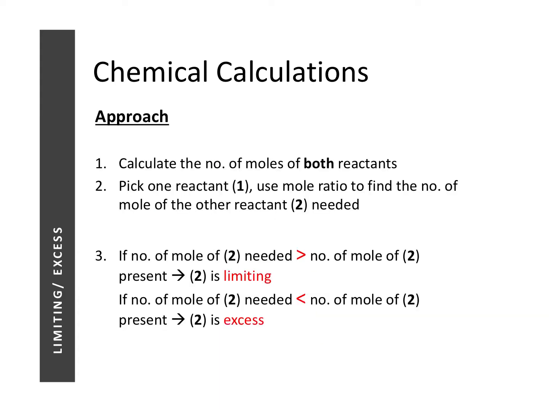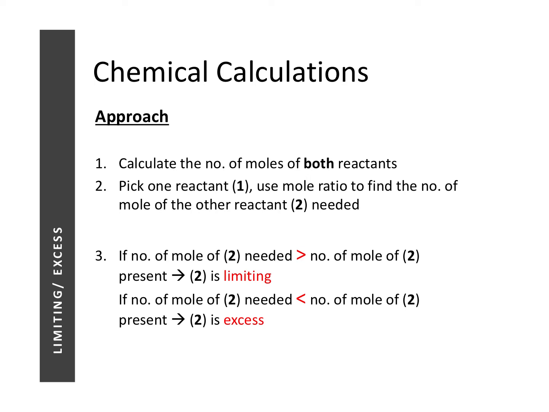Now once again, this is the approach for solving excess limiting type questions. Step number 1, you need to find the number of moles of both reactants. Step number 2, you need to pick one reactant and, using the mole ratio as shown in the chemical equation, find the number of moles of the other reactant needed.